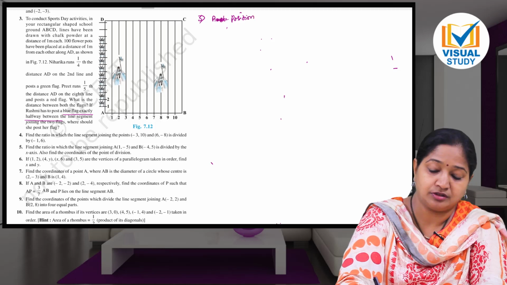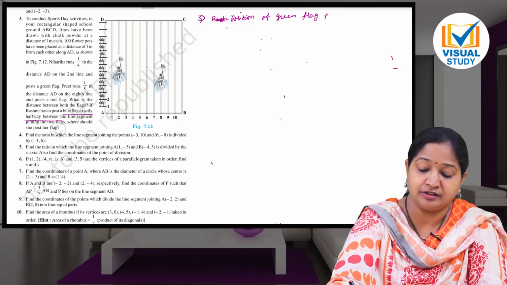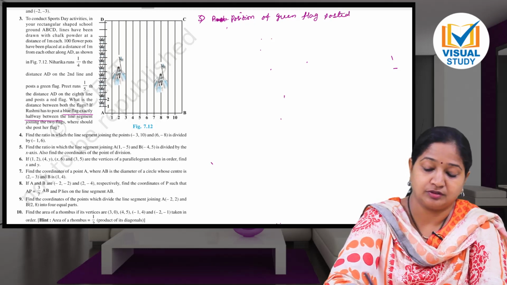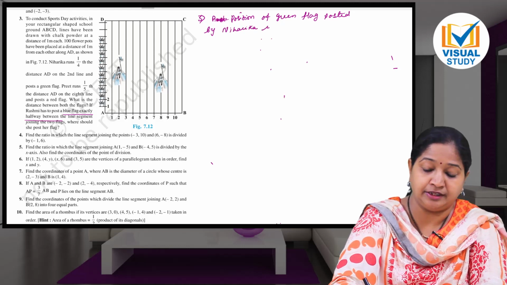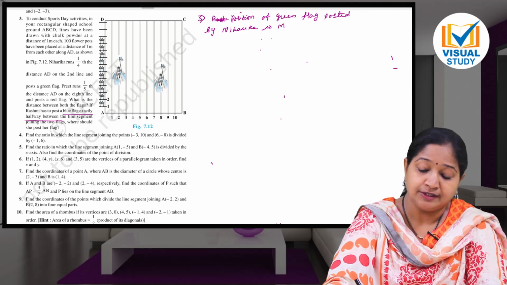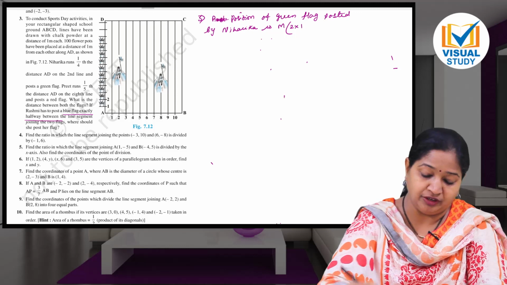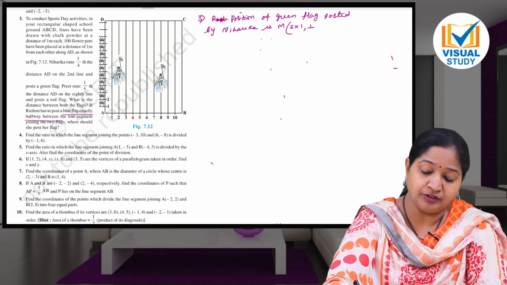Position of green flag posted by Niharika is, we'll take it as N, okay, is 2 into 1 and 1 upon 4 into 100.